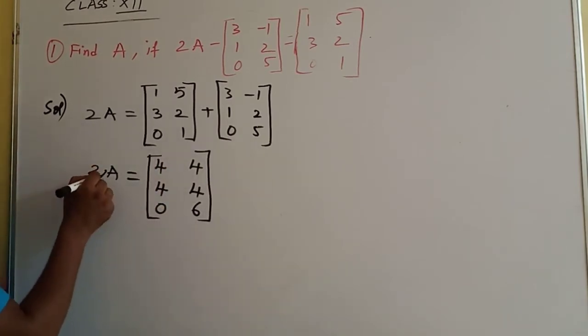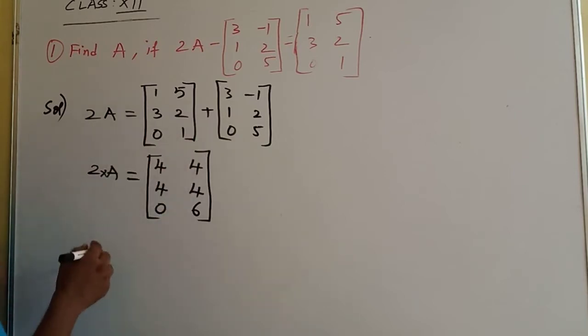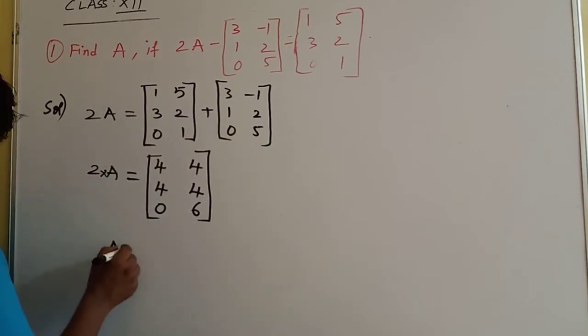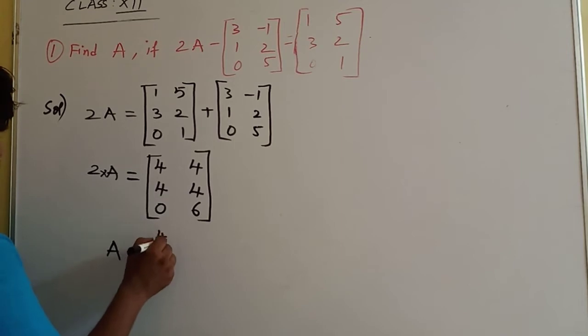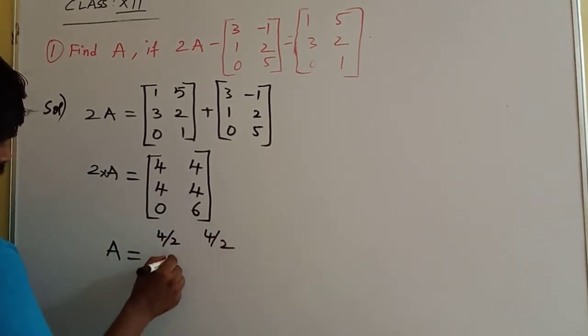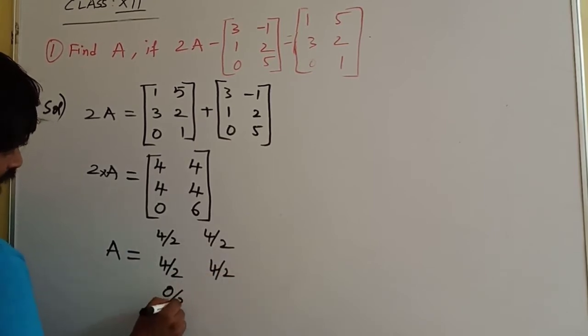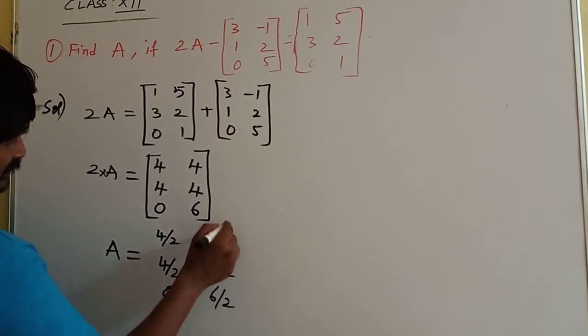Now here 2 is multiplying, so it goes to the other side as division. Divide means divide each element. So A is equal to 4 upon 2, 4 upon 2, 4 upon 2, 4 upon 2, 0 upon 2, 6 upon 2.